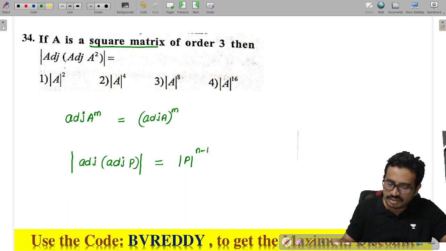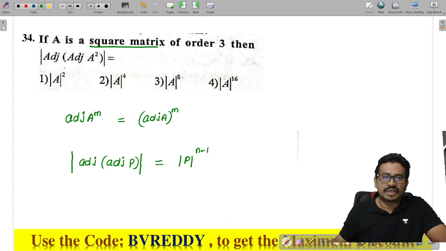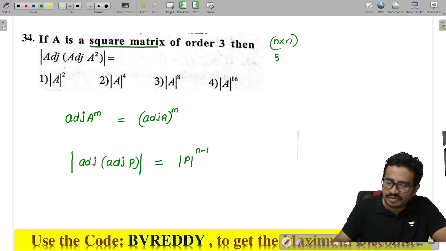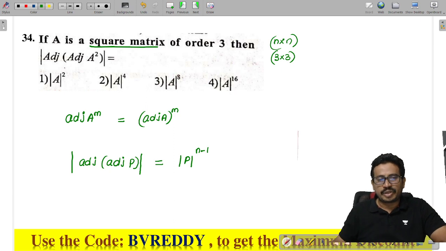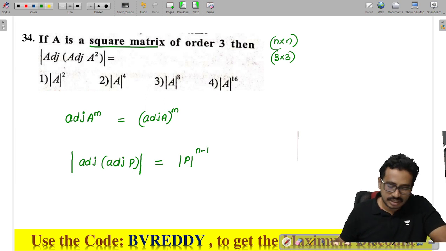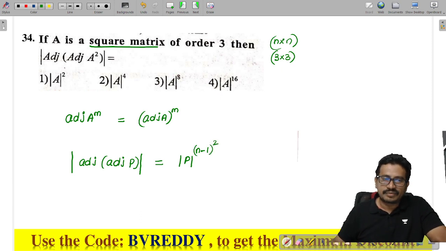Where n is the order of the square matrix, whatever order is given. So let us consider this is an n cross n matrix, where n is given as 3 cross 3. Adjoint of adjoint, so the determinant of the adjoint of P matrix is determinant of P whole power n minus 1, whole square. This is the standard result we have discussed.